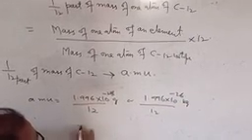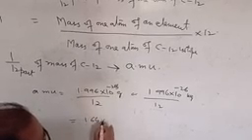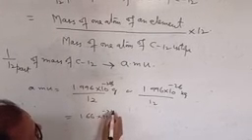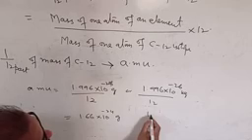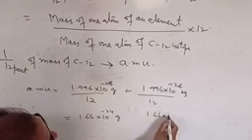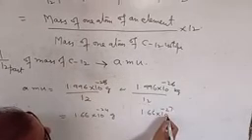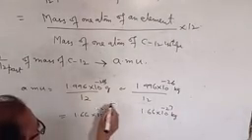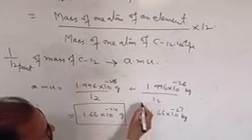That comes to be 1.66 into 10 raised to the power minus 24 grams or 1.66 into 10 raised to the power minus 27 kilograms. This is the value of AMU.